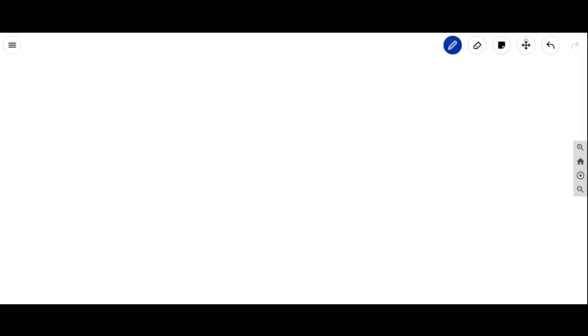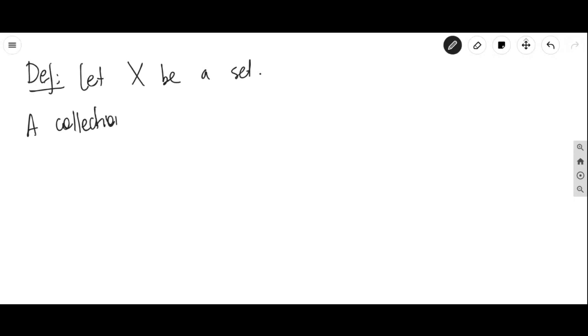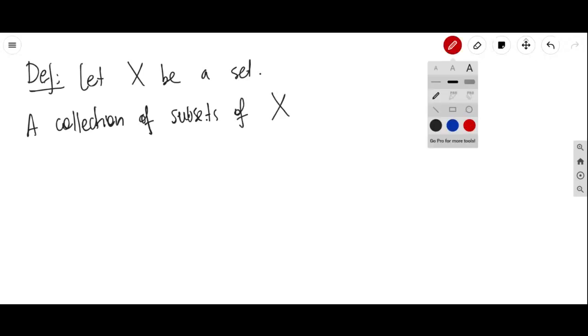So let's make this definition. Let X be a set, and then a collection of subsets of X. And let's call this collection script B for basis.